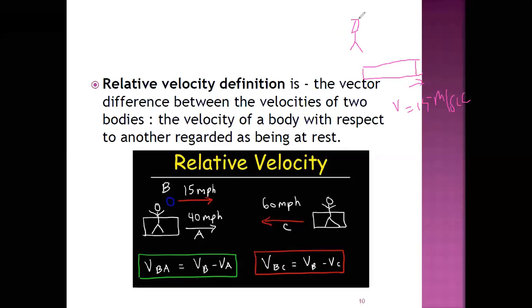Now I need to find the relative velocity of this train with respect to the man. The relative velocity of the train with respect to the man is 15 minus the velocity of the man. What is the velocity of this man? He is not moving, he is standing, so the velocity becomes 0. That is 15 minus 0. Then that will give the relative velocity.